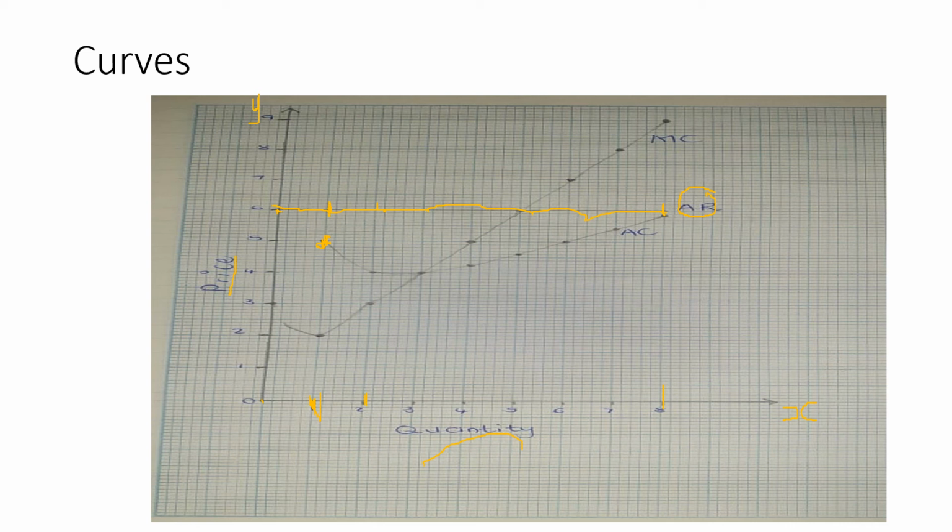At quantity 2, we have an average cost of 4. At quantity 3, is it still 4? Let's check our data from the previous slide. But at the end of the day, when you join all the dots, you will end up with an average cost curve of this nature, AC. You can just drag it a bit up.